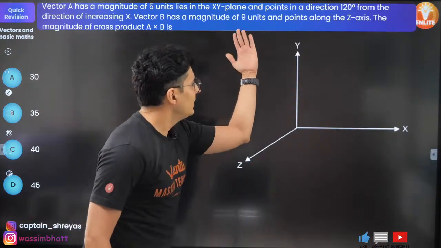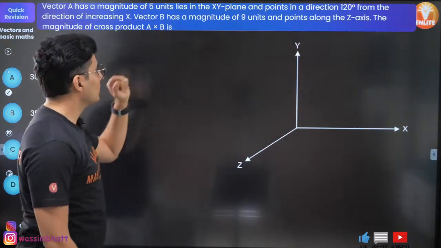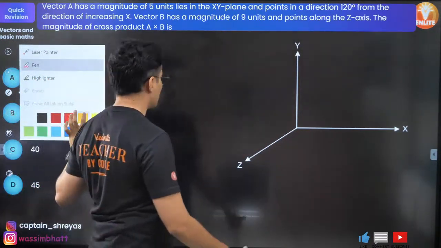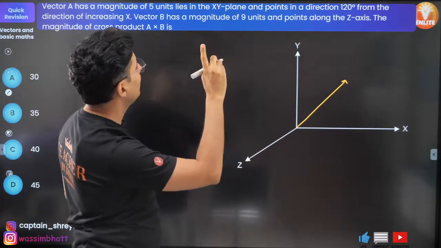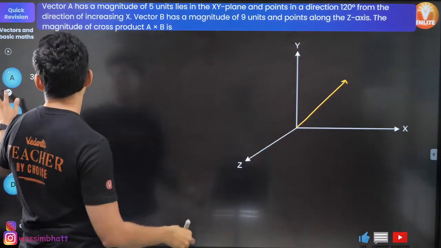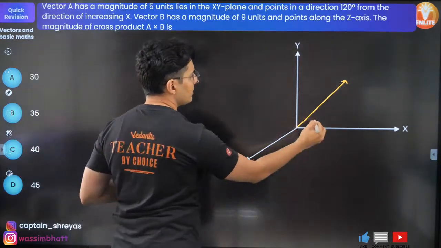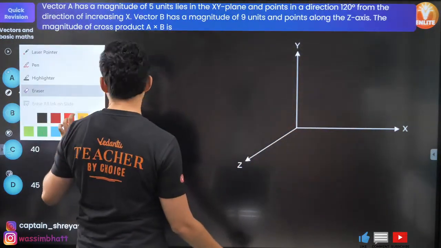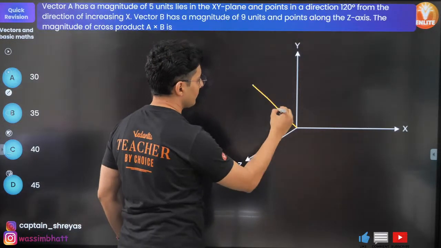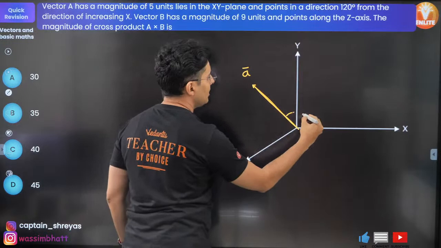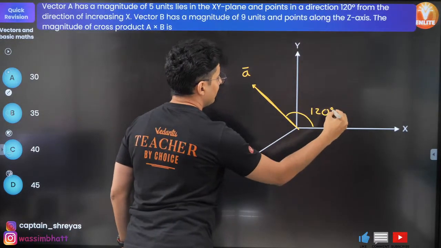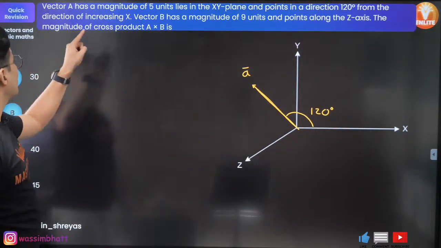Okay, xy plane is this board's plane. So the vector A should be shown in that xy plane and it makes how much angle? 120 degrees with the increasing x. So 120 degrees is a big angle, obtuse angle. So I think I should just show it here. So this is vector A and this angle is 120 degrees. Perfect. What is the second vector?